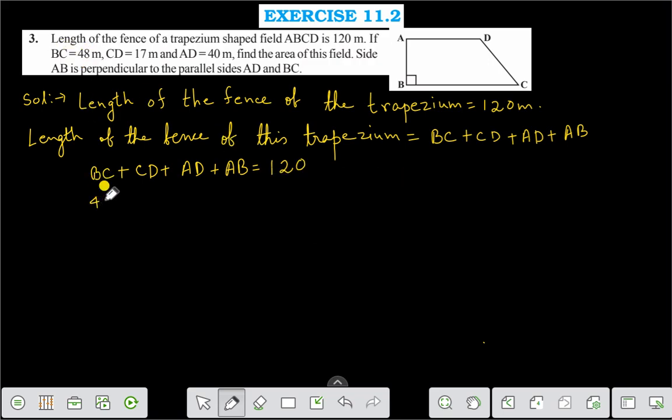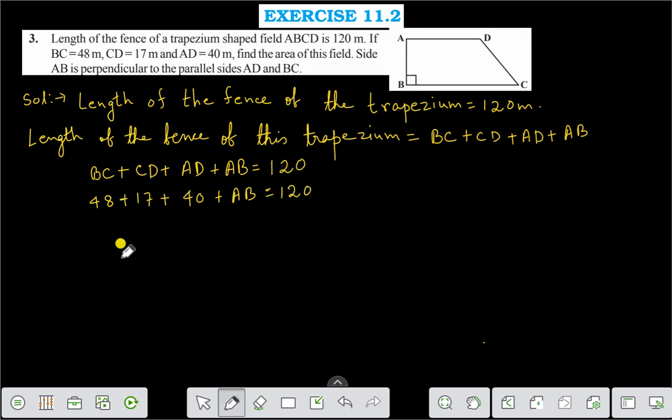Therefore 48 plus the value of CD is equal to 17 meter, plus the value of AD is 40 meter, 40 plus AB is equal to 120 meter.